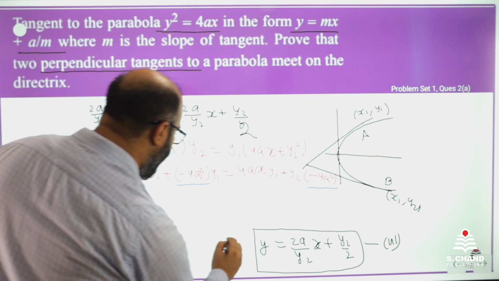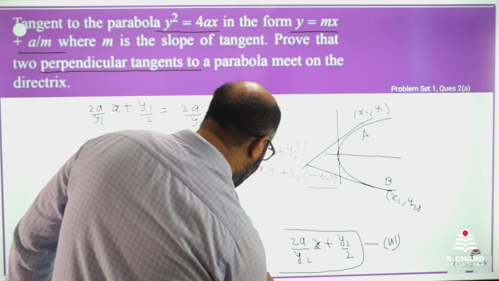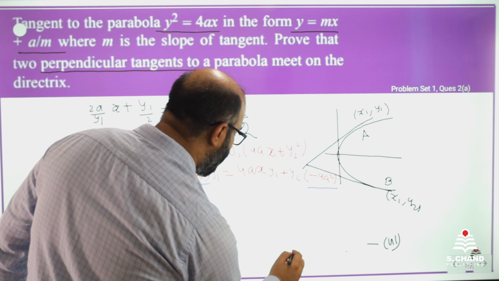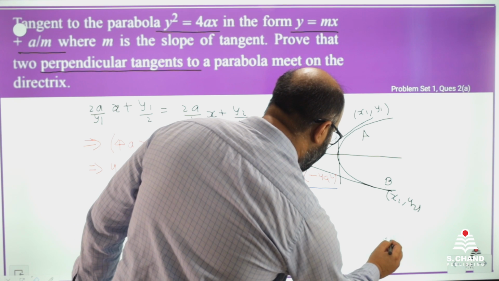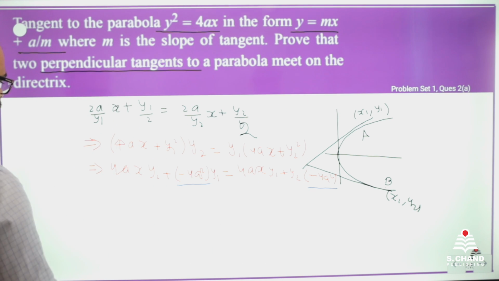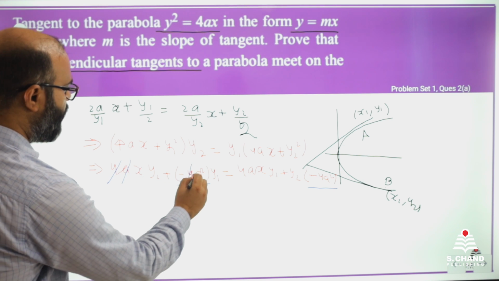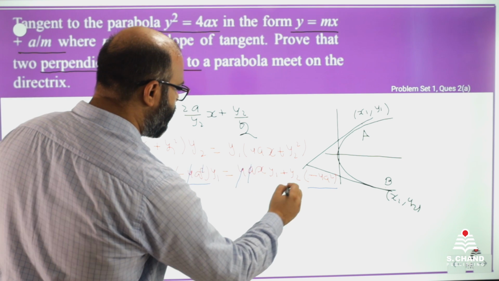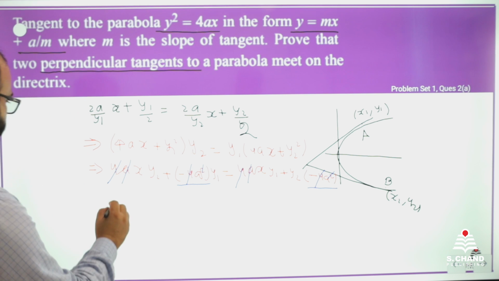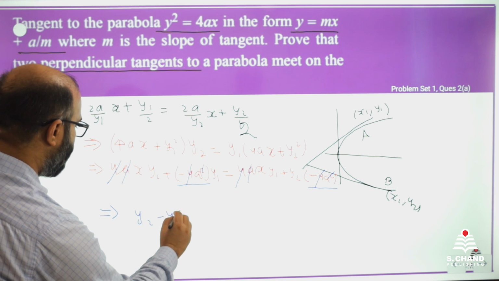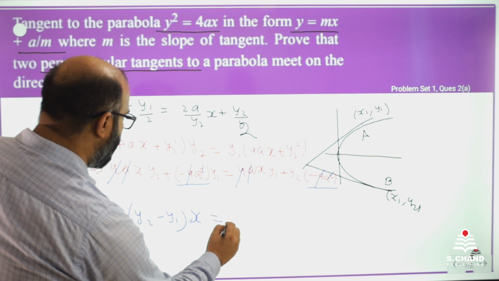So if you want to find out x, what will you do? You will just solve this given equation which we are having and get the value of x. So let us solve this. So 4a will get cancelled throughout, and you will have (y2 minus y1) x like this is equal to this.